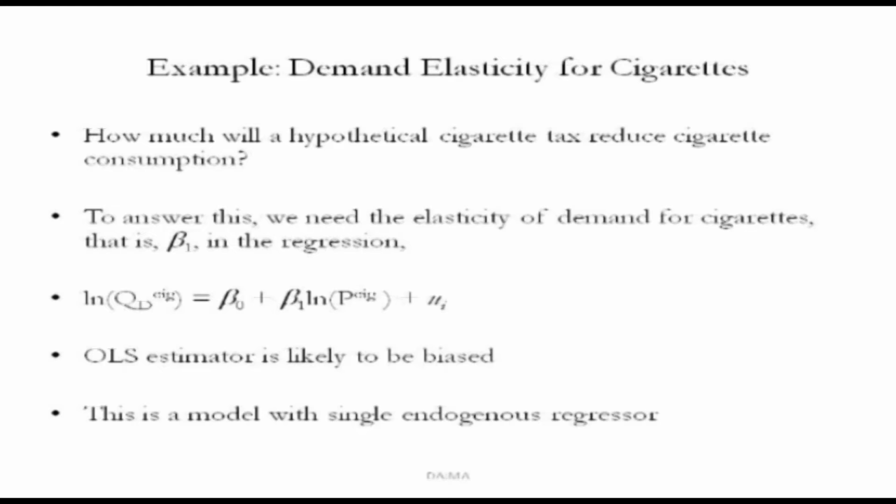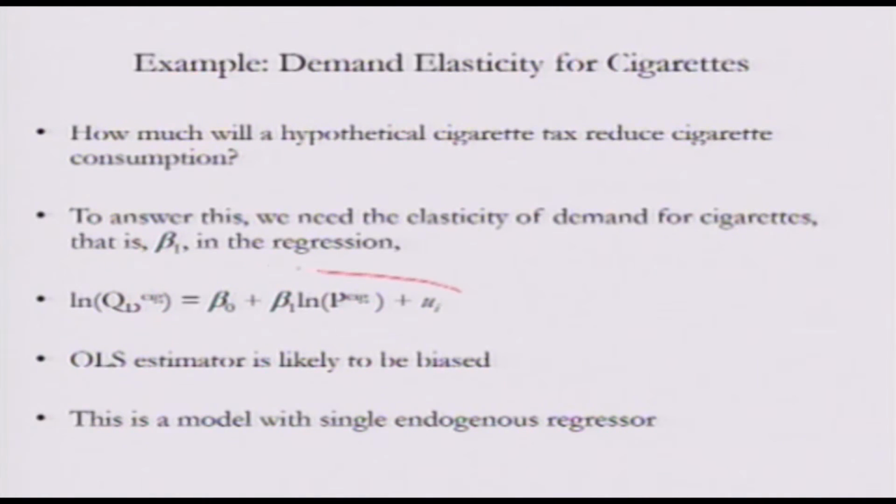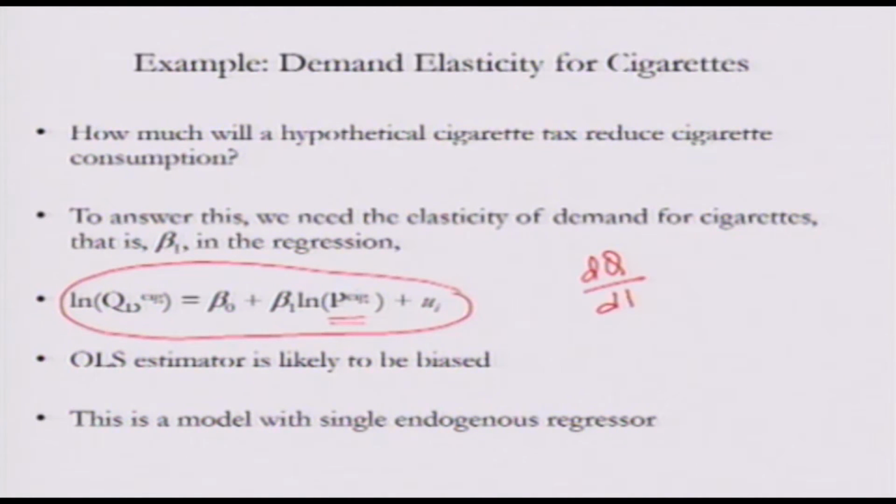So naturally what we are saying over here is that we want to estimate the demand function for cigarettes, where QD is essentially the quantity demanded, or you can think of this as the consumption of cigarettes in the market, and price, PCIG, is essentially the price of cigarettes in the market. So what you're trying to compute over here is how does demand change with respect to a change in prices, and particularly the elasticity, right?